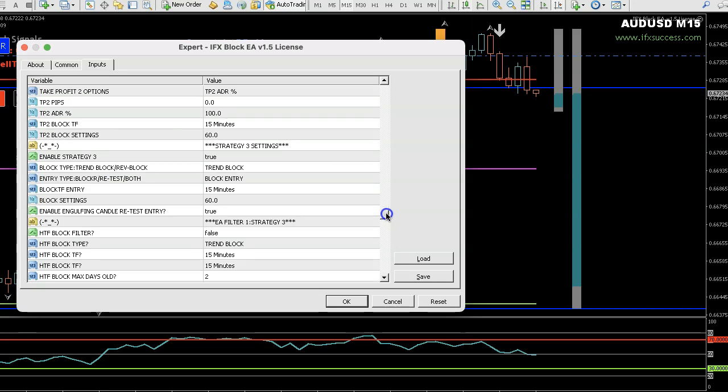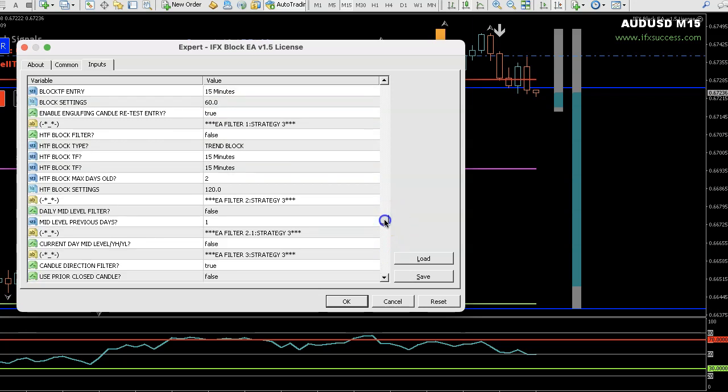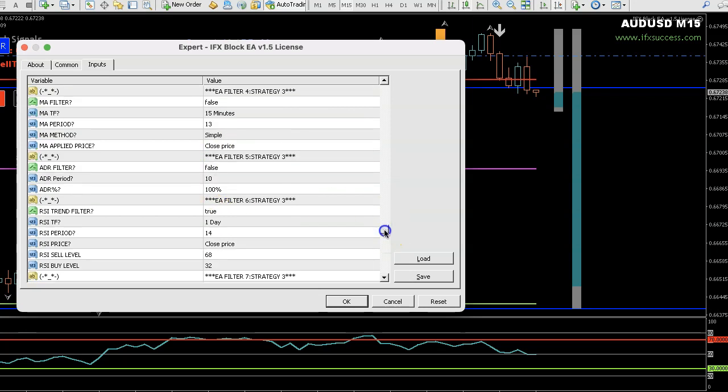Now, the third strategy here, we're using the trend block. I gave it 9 candles to work out. So I gave it a trend block right here. What we want with this one is to go with the 4 hour candle direction, at least with the 4 hour.